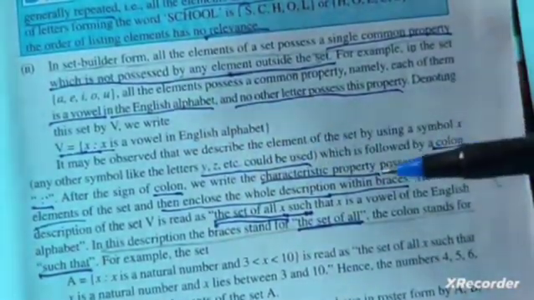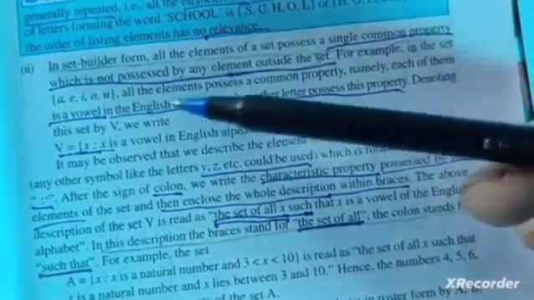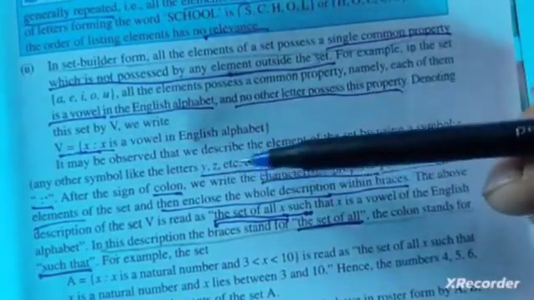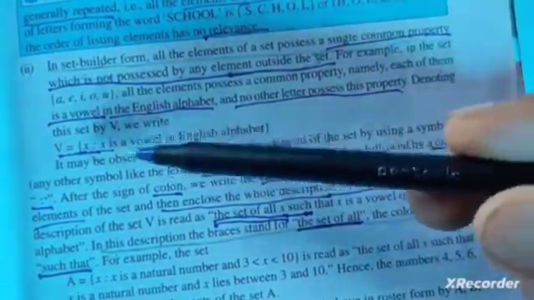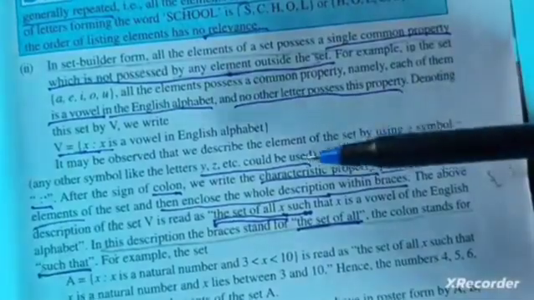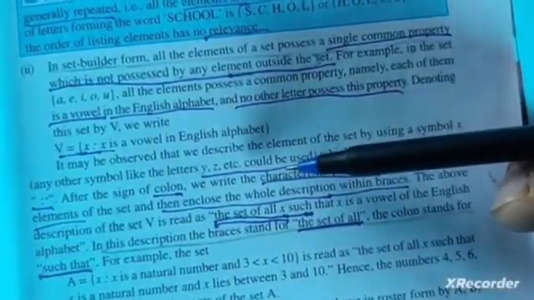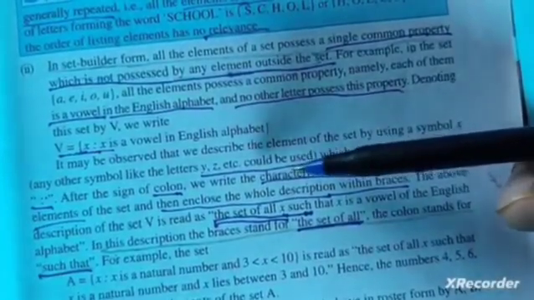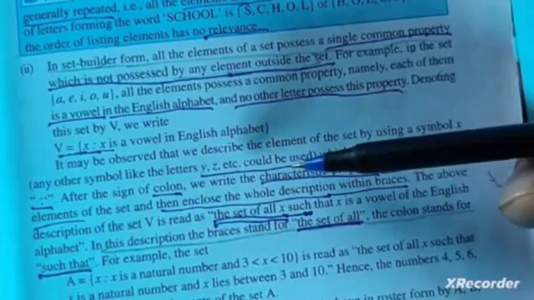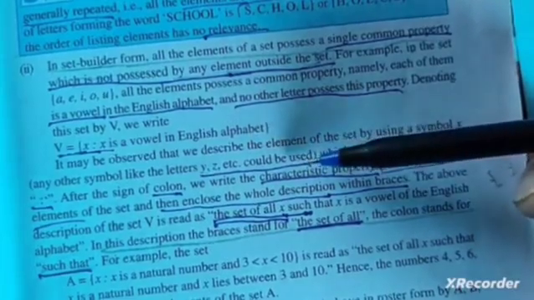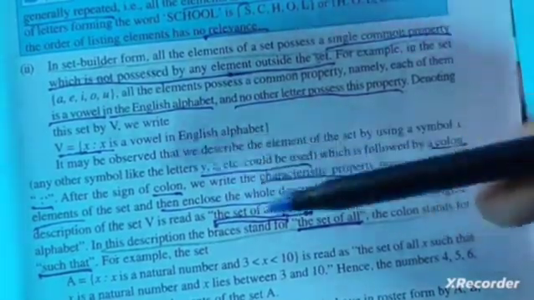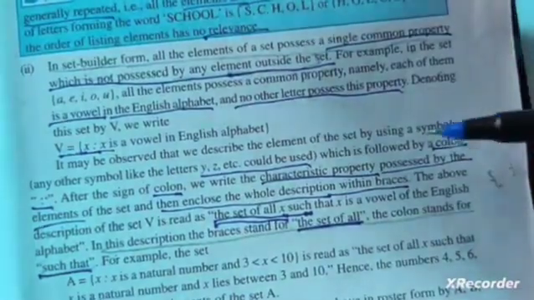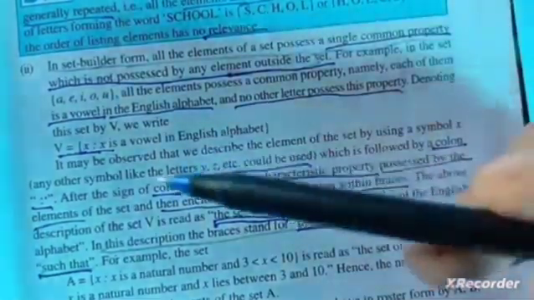It does not matter what letter we use here; in the place of x, other letters also can be used. It is followed by a colon.